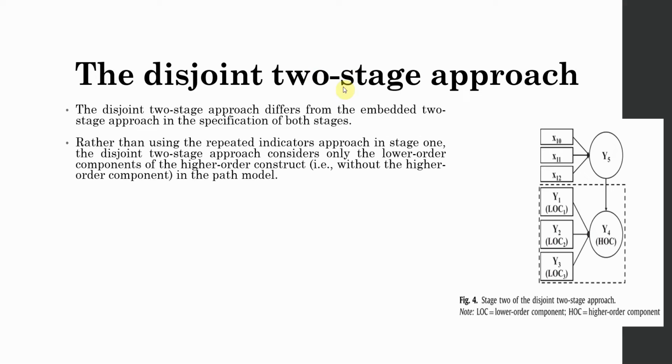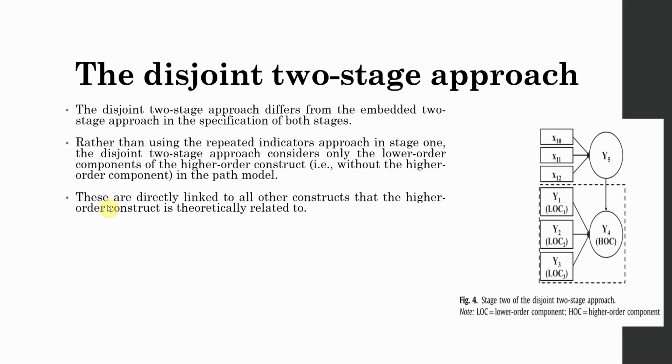So at the first stage we only have the lower order constructs in the model, just the way we did it earlier when we were doing our measurement model. So we put in all our lower order constructs, irrespective of whether they belong to a higher order construct or not. These are directly linked to all other constructs that the higher order construct is theoretically related to.